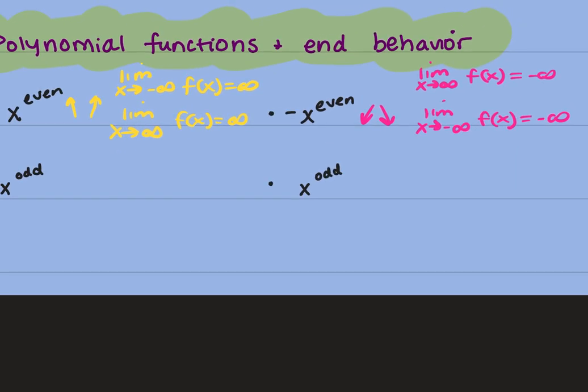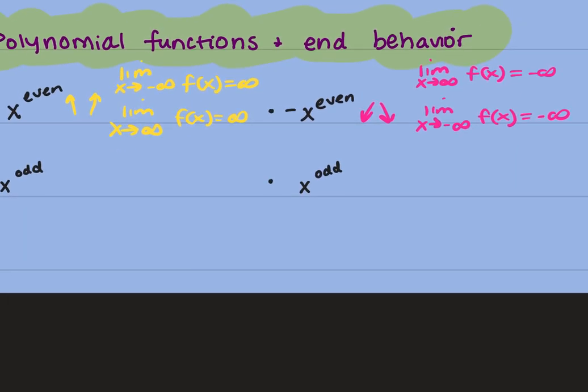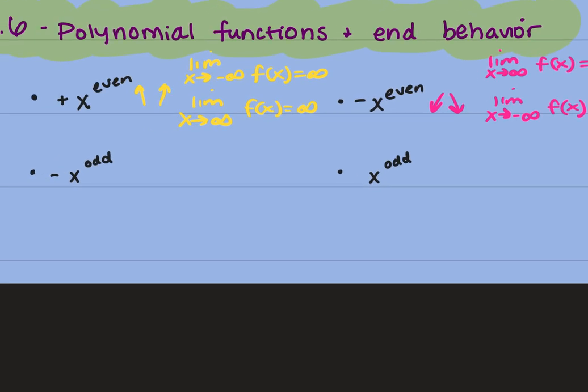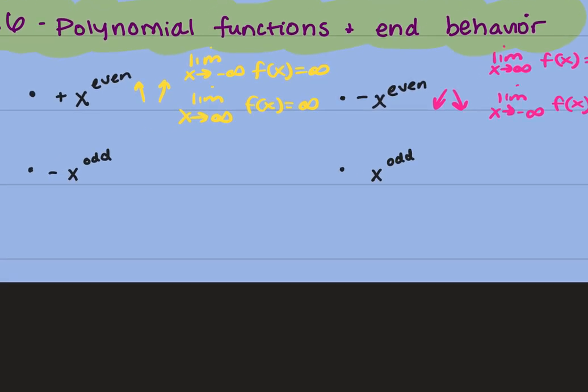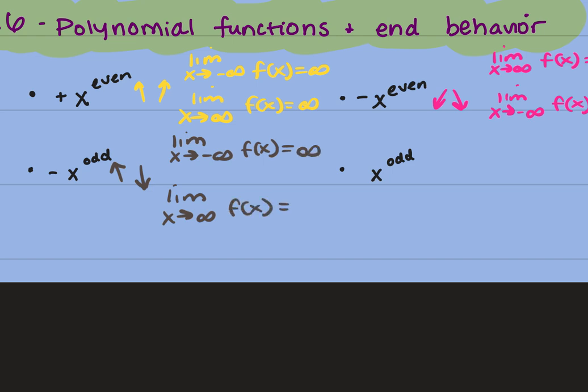And then odd points in opposite directions. So odd and negative, the left side rises and the right side falls. So the limit as x approaches negative infinity of f of x goes up to positive infinity, and as x approaches positive infinity, the right-hand side goes down to negative infinity.